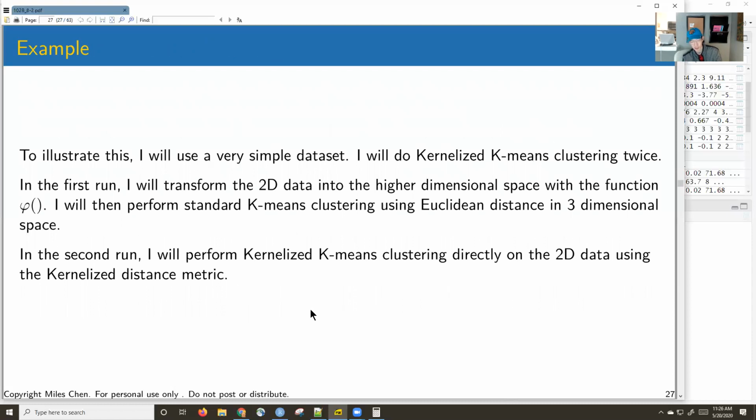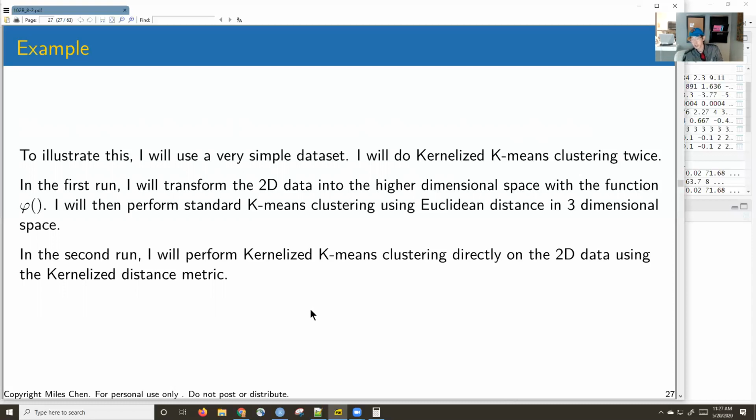What I'm going to do is illustrate this on a very, very simple data set. It's got a total of 8 data points. I'm going to do kernelized K-means clustering twice. First, I'm going to apply the transformation function phi to the data, and you'll see the data go from 2D into 3D. Then we'll do Euclidean distance in 3D and do our K-means clustering that way.